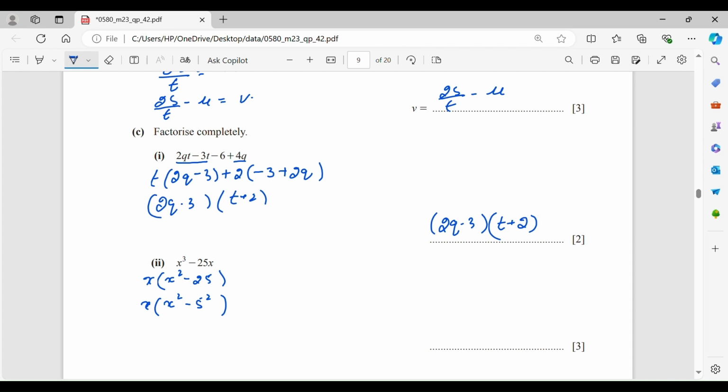So here we will use the identity a square minus b square will be equal to a minus b, a plus b, right? This is plus. So x bracket x minus 5 and x plus 5. So this would be our answer.